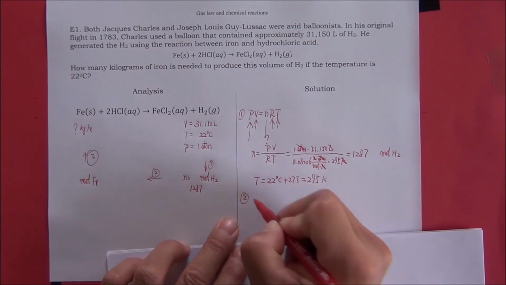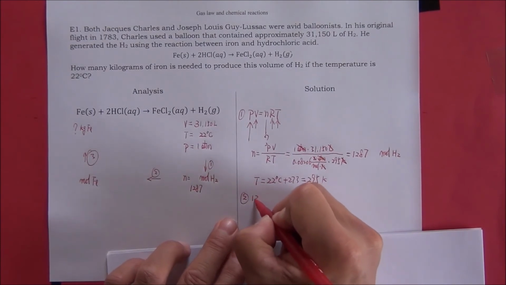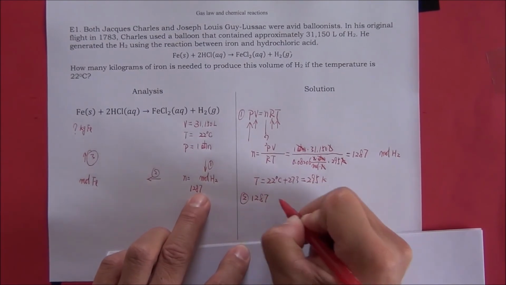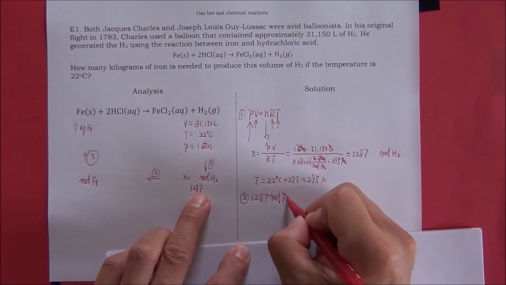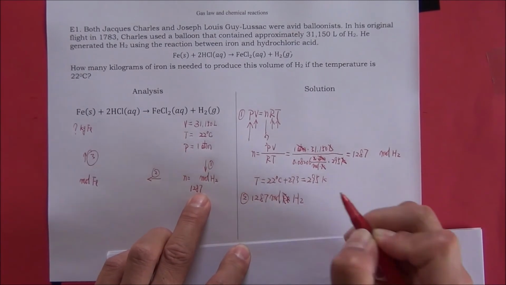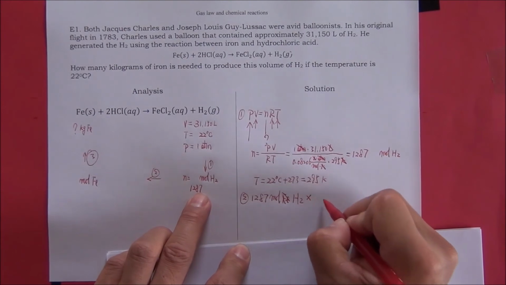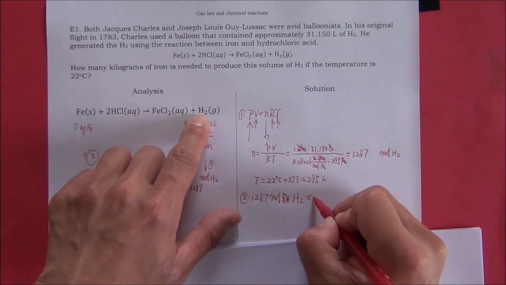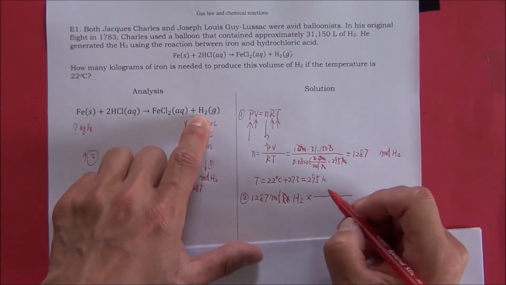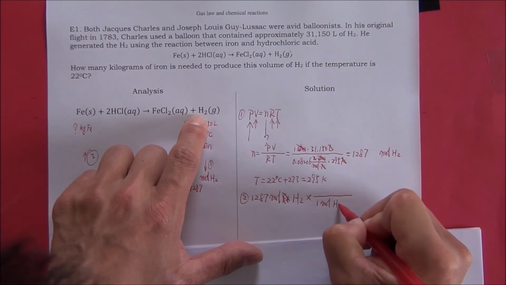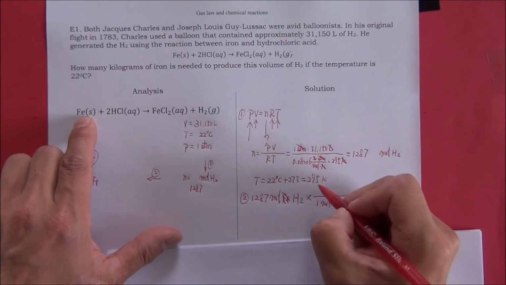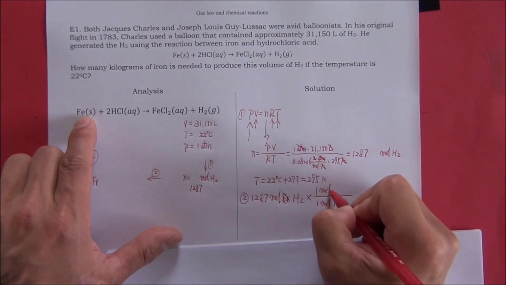So our second step is 1287 moles of H2. We need a conversion factor from the balanced chemical equation: for every 1 mole of H2, we will need 1 mole of Fe.